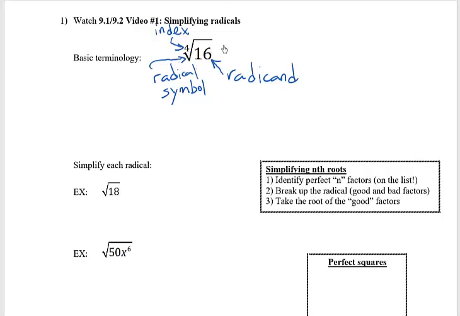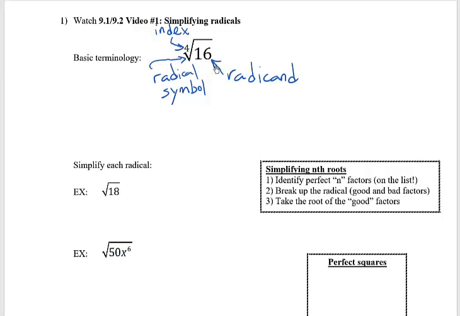This expression is read the fourth root of 16. What does this mean? Well, you're looking for a number that you're going to multiply together a bunch of times. The index tells you how many times, and the radicand tells you what you want your final answer to be.